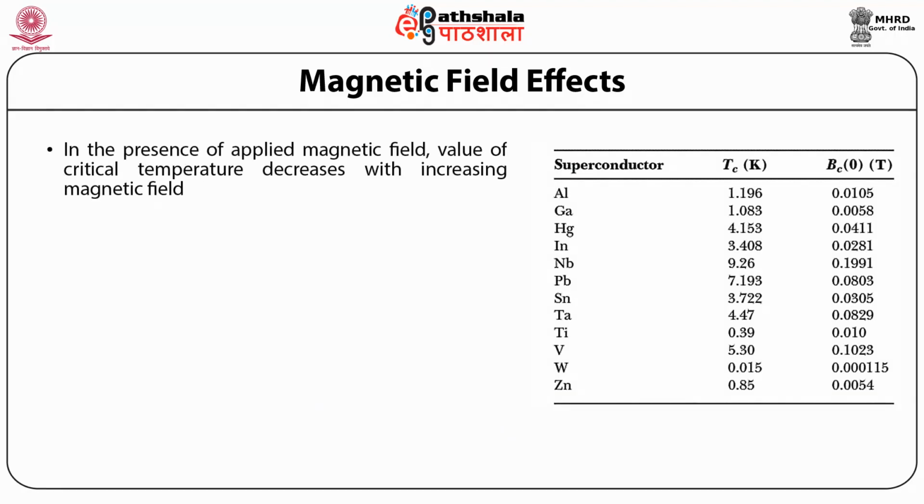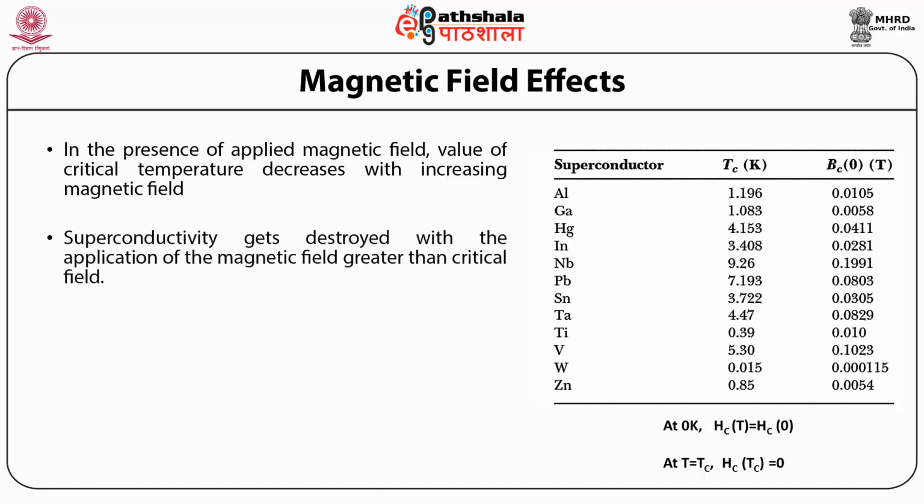In the presence of an applied magnetic field, the value of critical temperature decreases with increasing magnetic field. At 0 degrees Kelvin, Hc(T) is equal to Hc(0), as shown in the figure, and superconductivity gets destroyed with the application of a magnetic field greater than the critical field, that is, at T equal to Tc, Hc(Tc) is 0.